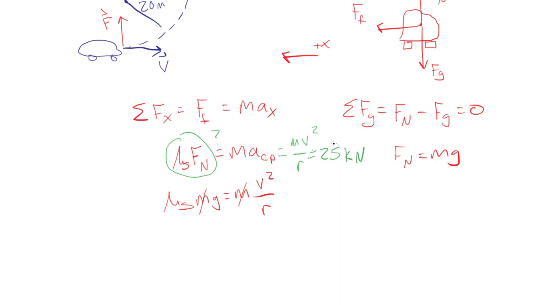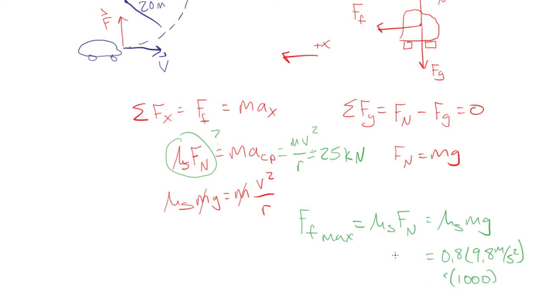That's 25 kilonewtons. So the maximum frictional force is equal to mu sub s times the normal force, which is equal to mu sub s times mass times gravity. If you do that calculation, you get 0.8 times 9.8 meters per second squared times the mass, which is 1,000.